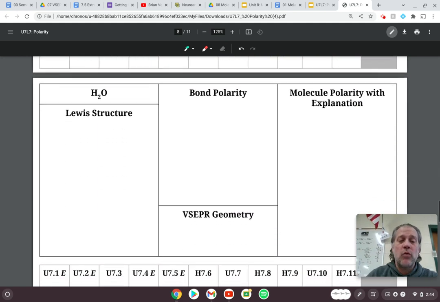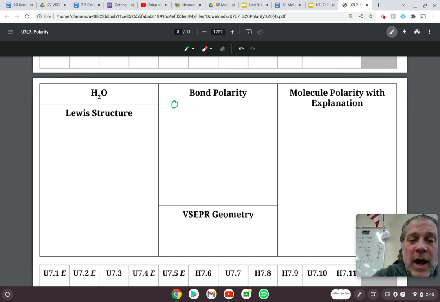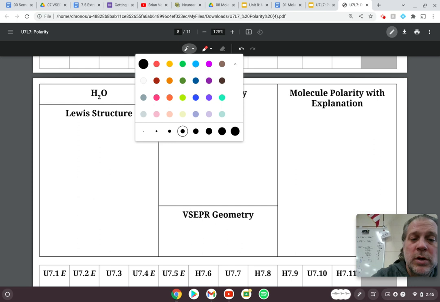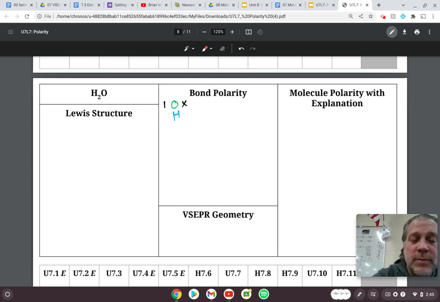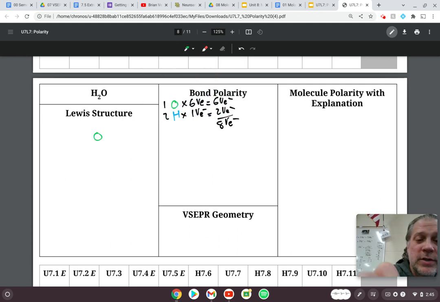So here we have water, and we already talked about water, but we have our oxygen and we have hydrogen. There's 1 oxygen times 6 valence electrons. There are 2 hydrogens times 1 valence electron. Going to add that up and get 8 valence electrons. I'm going to place my oxygen in the center and attach my hydrogens to it.